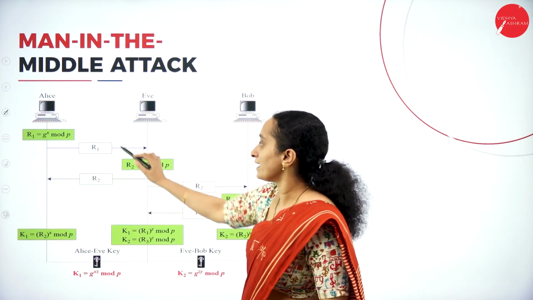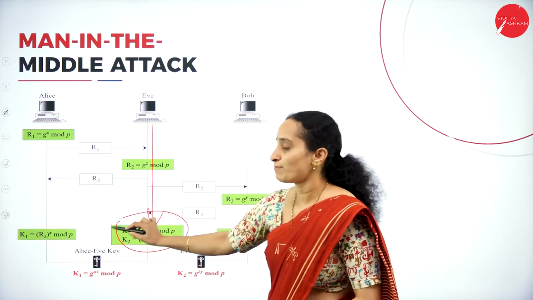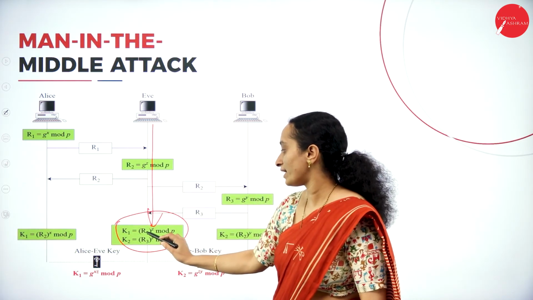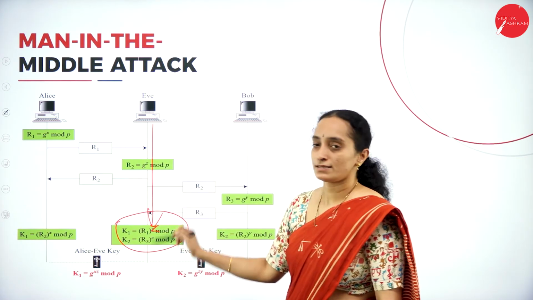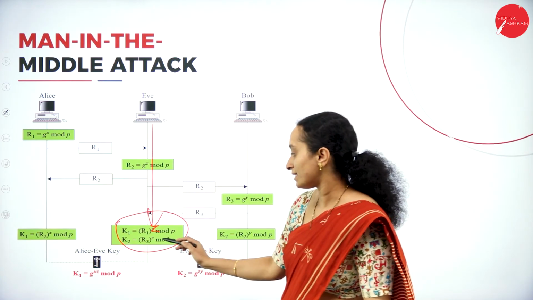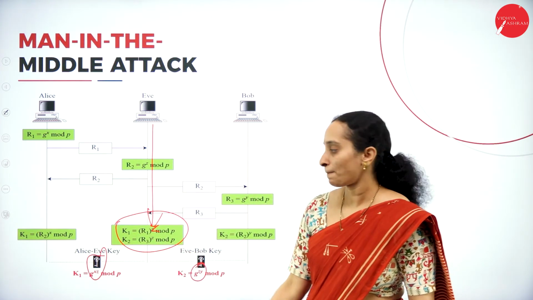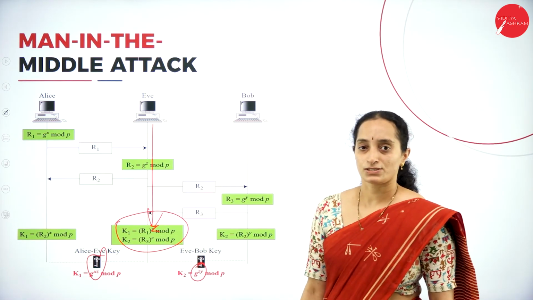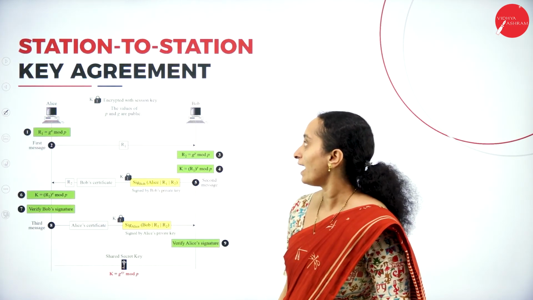This is the man in the middle attack. He is the attacker. He gets both expressions K1 and K2 with a value Z generated by the attacker. So he gains access to both keys and gets the message. This is possible with the symmetric key agreement.